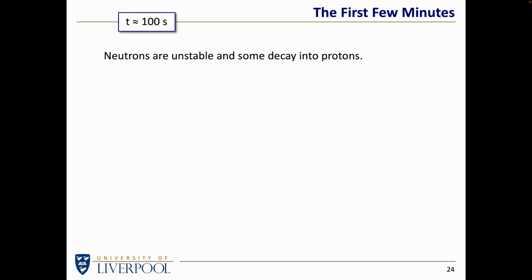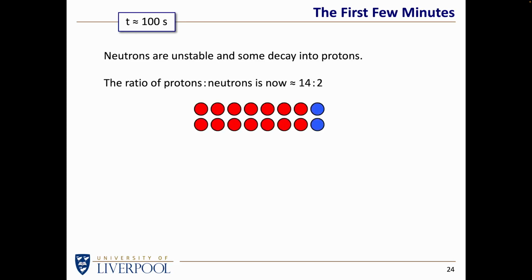So we know that some of those neutrons will have changed into protons, and after a couple of minutes, that ratio that we showed just a minute ago of 3/4 protons, 1/4 neutrons, that's now changed. Notice that 2 of the blues have now changed to reds. So the ratio of protons to neutrons is now 14:2. Out of choosing 16 arbitrary particles, 14 of them will be protons and 2 of them will be neutrons.